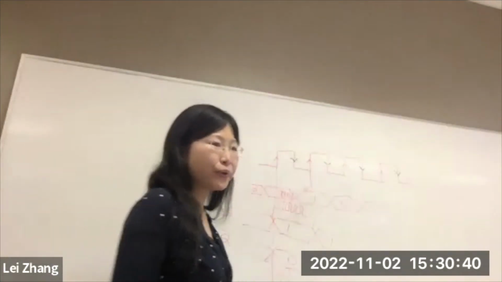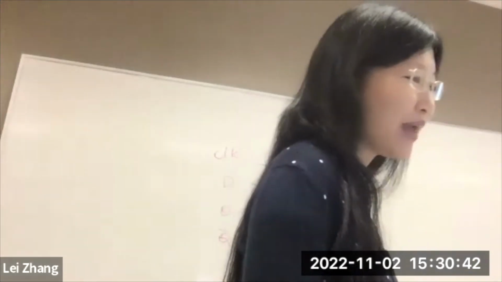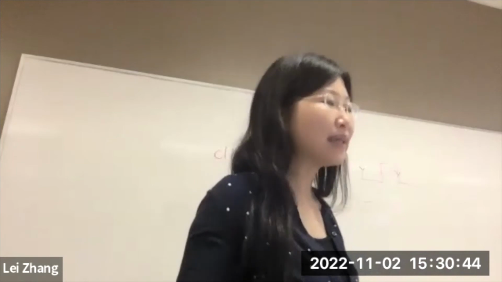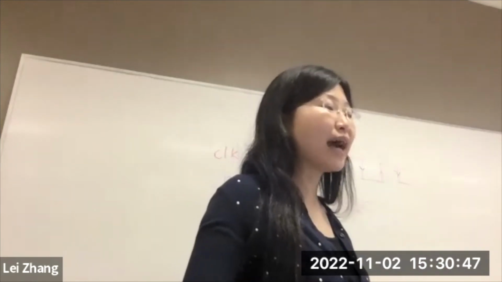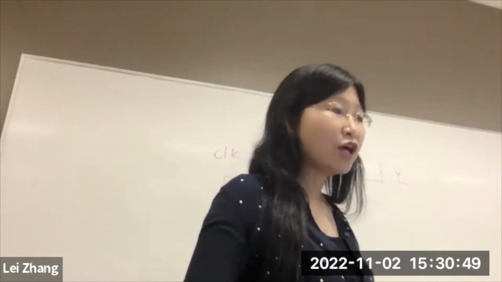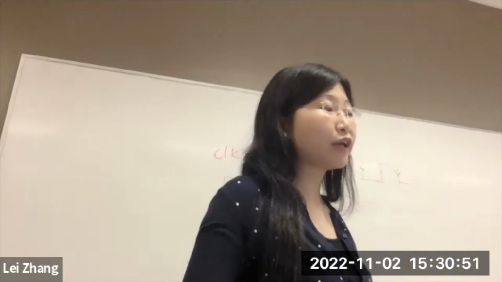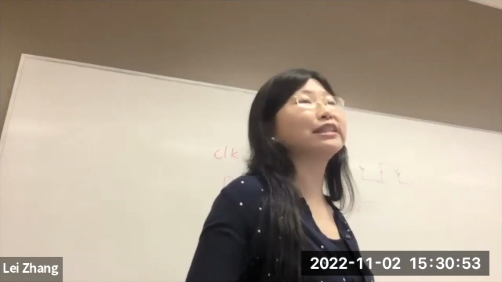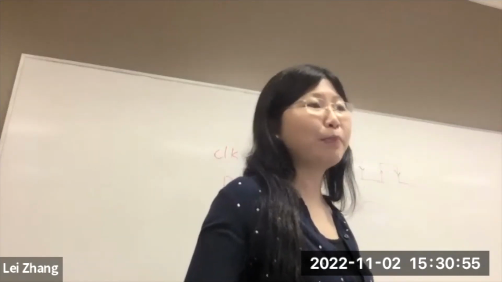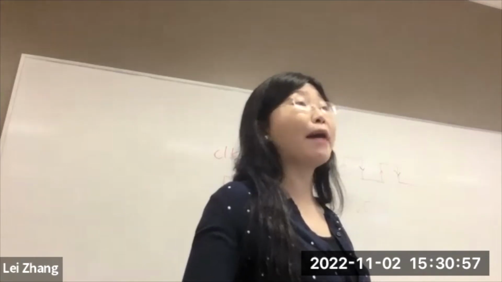If you try to read through it, basically it means this thing only works on the rising edge of the clock. So when it's on the rising edge of the clock, the output will equal the input. T+1 means the next clock cycle.